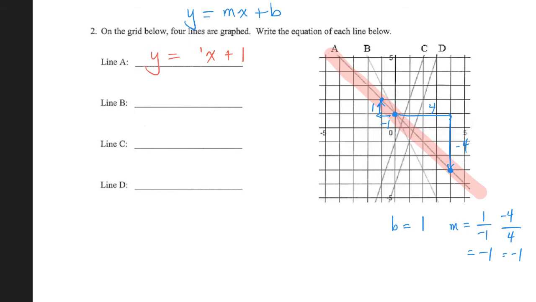Yes, we should never be writing that coefficient of -1, but rather just our negative sign. And there you go. There's our equation. So I'm going to get rid of all of this slope and y-intercept work. And what I'd like you to do now is go through and come up with the equations for the next 3 lines. Okay, go to it. Pause the video now.